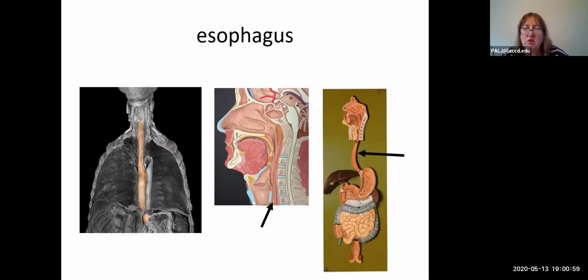So the food tube that extends inferiorly from the pharynx is called the esophagus. It travels in the posterior mediastinum all the way through and goes into one of the 3 openings of the diaphragm to enter the abdominal cavity.